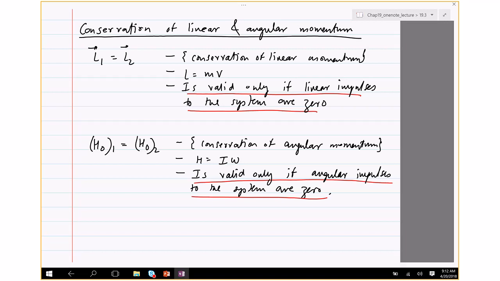Remember, we did this in the previous class, where H01 plus the integral of M0 dt equals H02. So you'll apply something different. Once you have identified that there's no angular or linear impulse, you can apply those two equations. So let's see what sort of problems fall under this category.